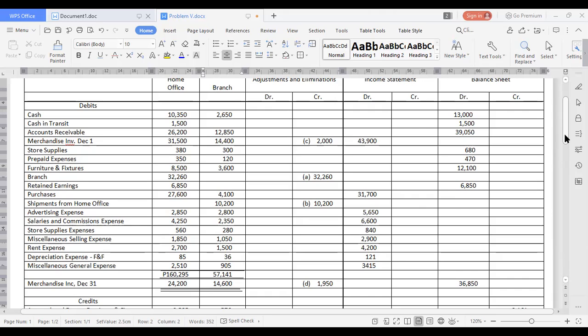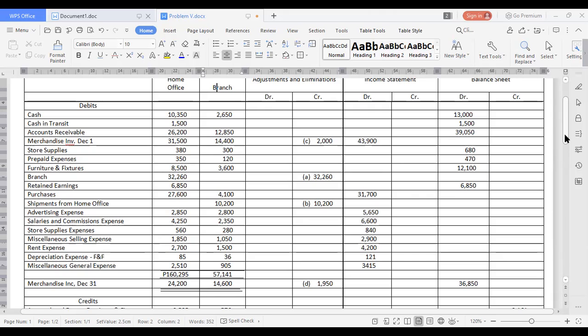Advertising expense is to be added with salaries and commissions, store supplies expense, miscellaneous selling, rent expense, depreciation, and miscellaneous general expense. So we now have the income statement figures: the cost of the inventory beginning, the purchases, and then the expenses.